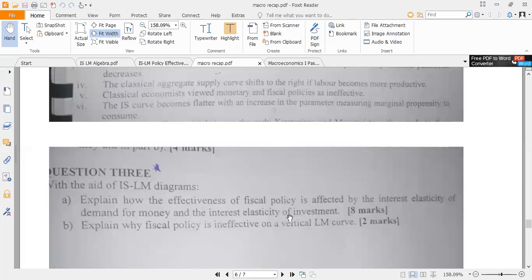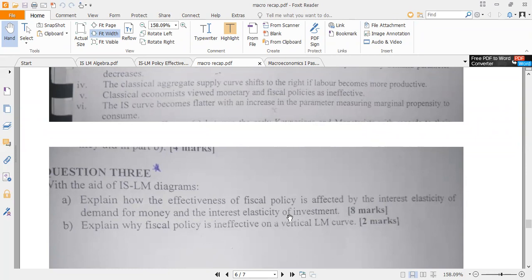Yeah, Gideon. If money demand is highly insensitive, it means highly what? Insensitive to interest rate, then it means the curve will be what? Steeper, like, no, vertical. No, that one is for LM. Interest elasticity of money demand is for LM. It means the LM curve will be what? Steeper.